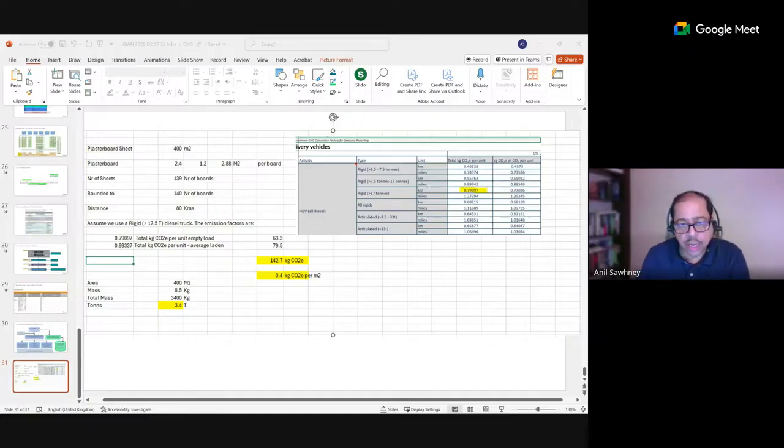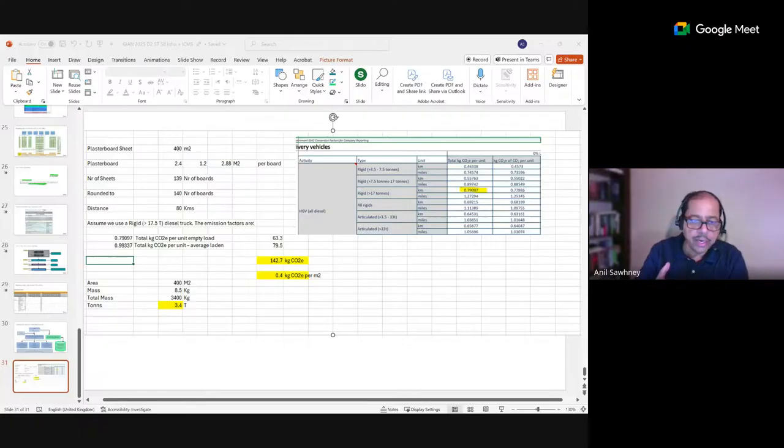Using the carbon factors published here, because we don't have an EPD that gives us A4, you have to search for these kinds of factors. We're going to assume that we need a 17-ton rigid truck to transport these 140 plasterboard sheets.